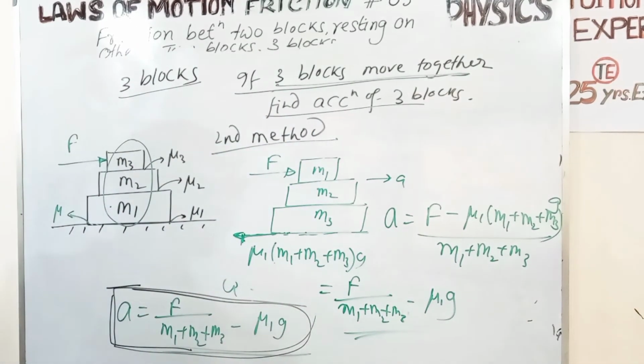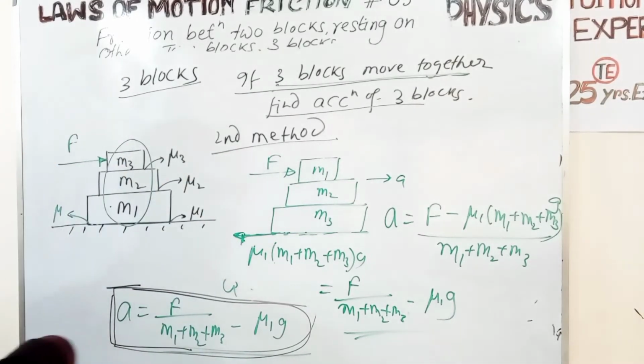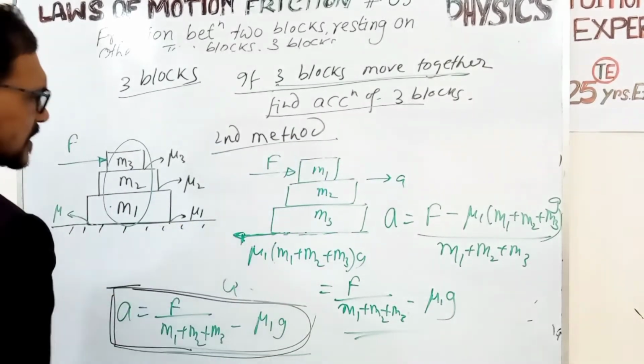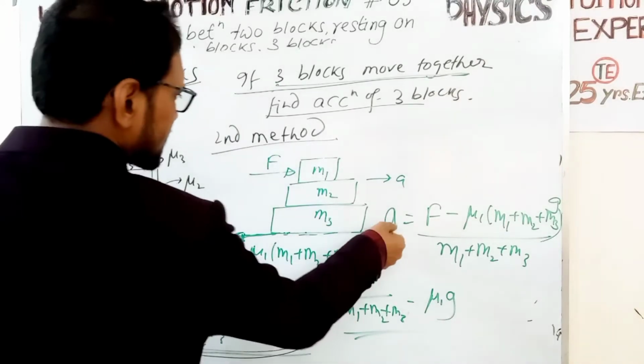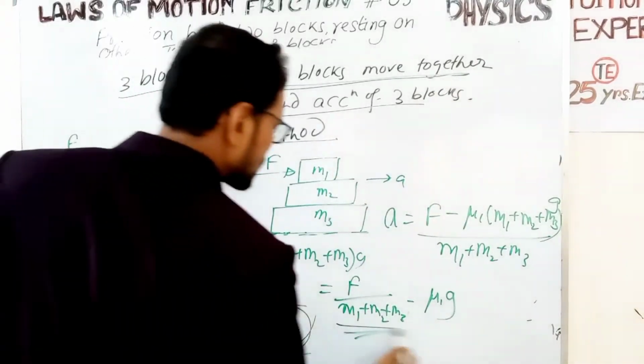So I have discussed two methods. First method: just draw the free body diagram and you get the acceleration. Second method: if the three bodies move together, take the three bodies as a whole mass, and acceleration equals net force by mass.